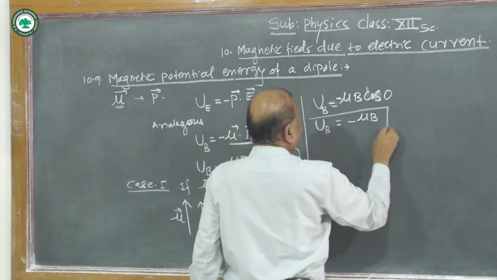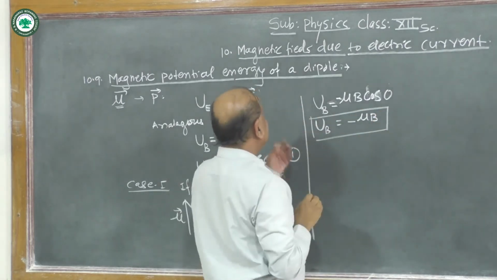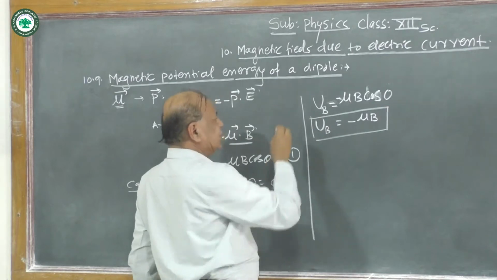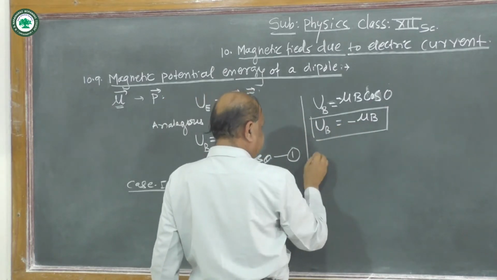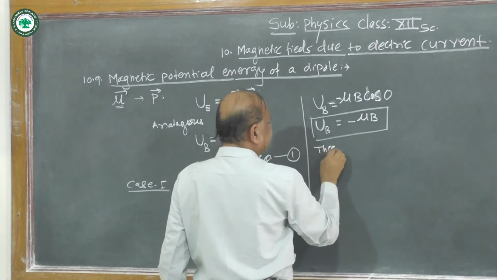Now this magnetic potential energy of the dipole is a minimum.